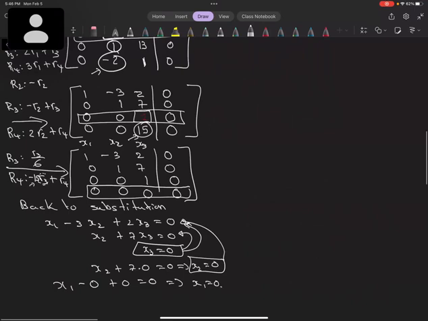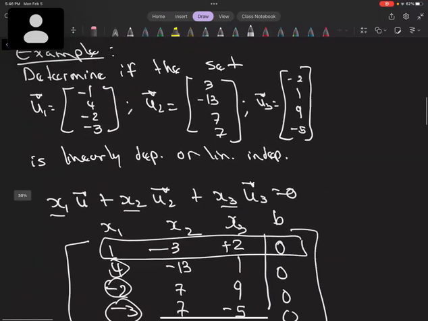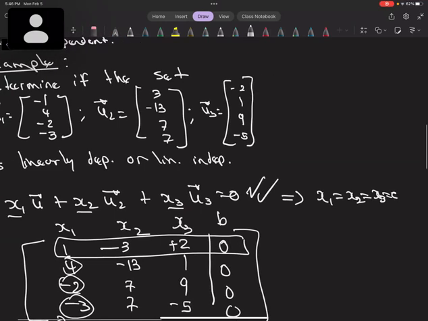They are linearly independent. Thank you. So we got this equation, and the conclusion is x1, x2, x3 are equal to 0. Therefore, linearly independent.